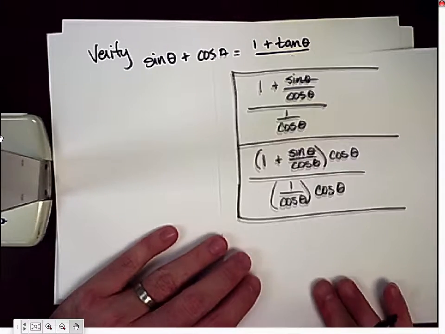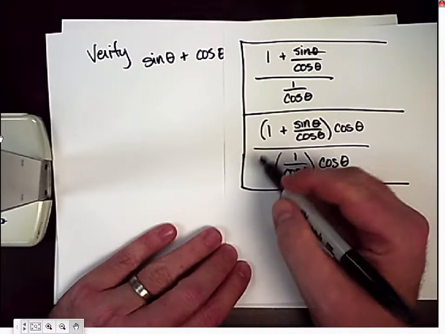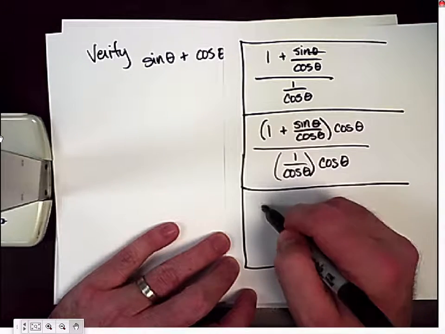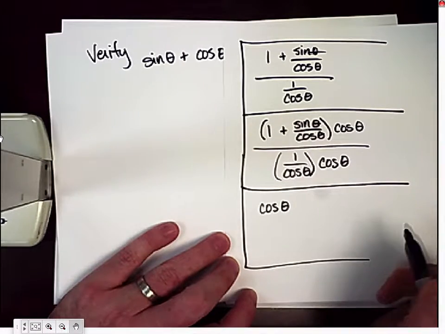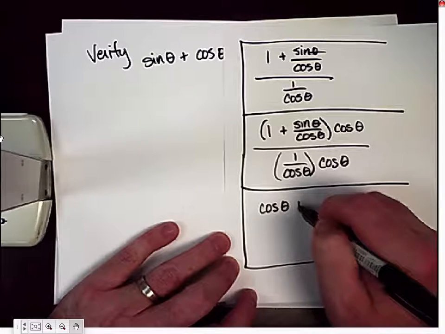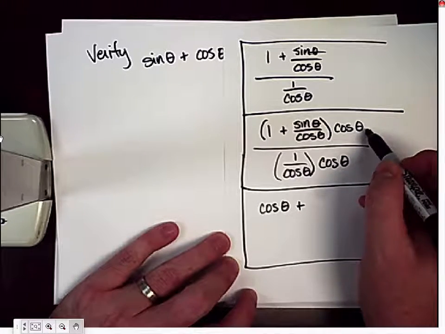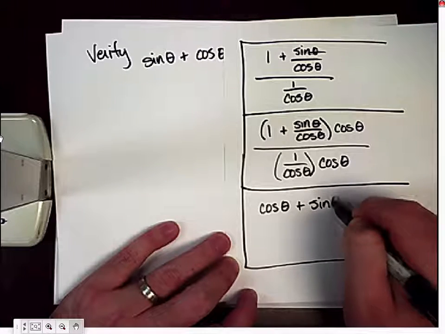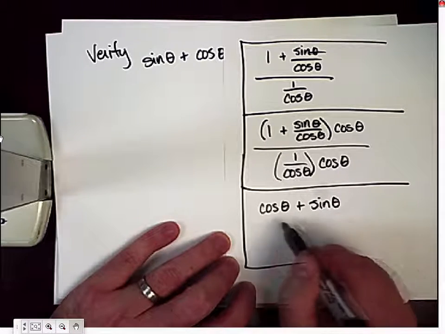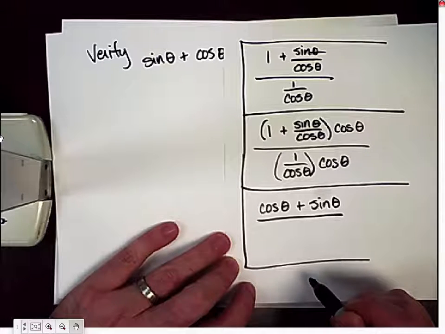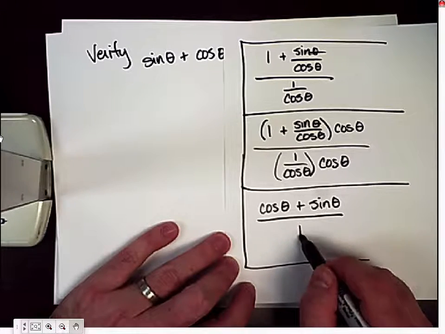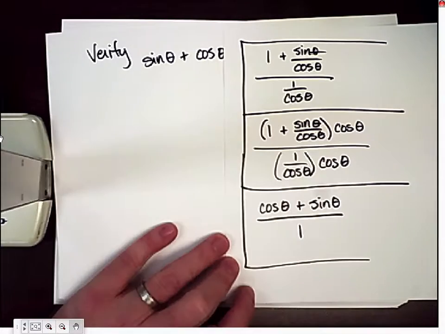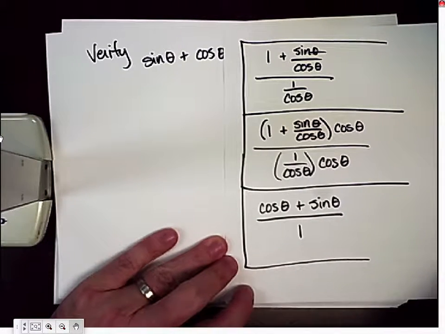Then what happens there? On the top, cosine theta times 1 is cosine theta, plus cosine theta times sine theta over cosine theta is sine theta, over 1, which is the same as over here.